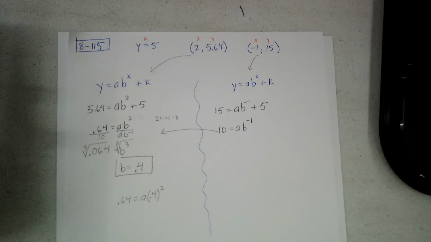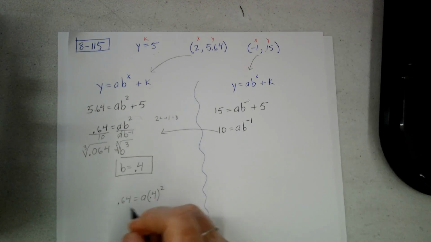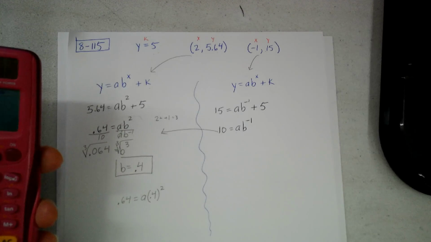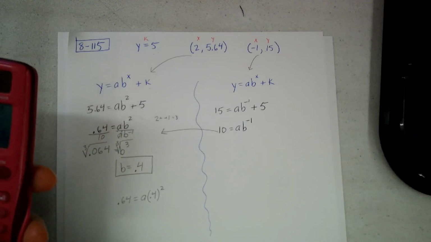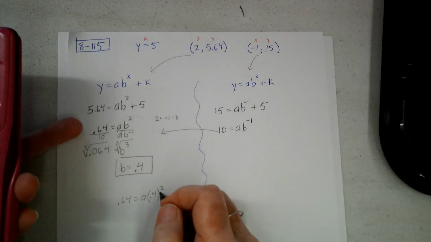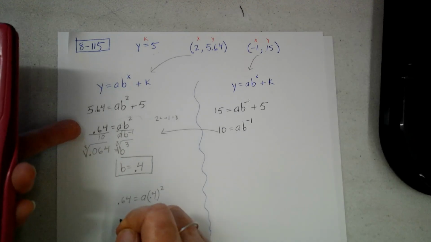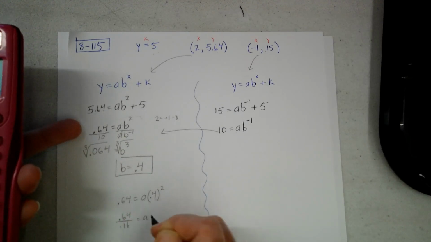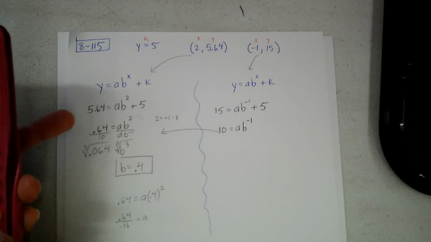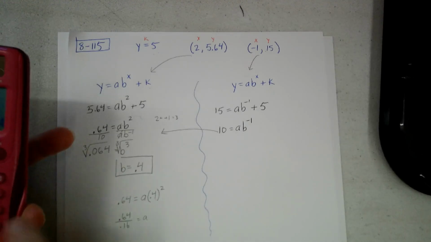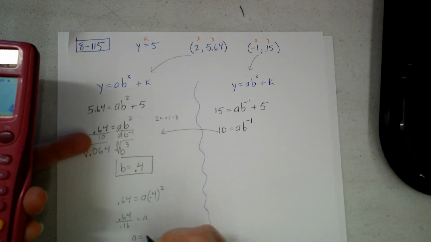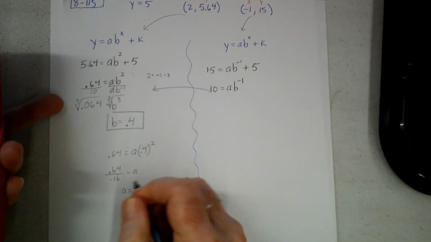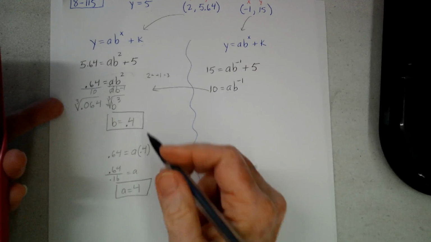So this will be 0.16. So I got 0.64 divided by 0.16 is a, and that gives me 4. a equals 4. So I just figured out b and a.